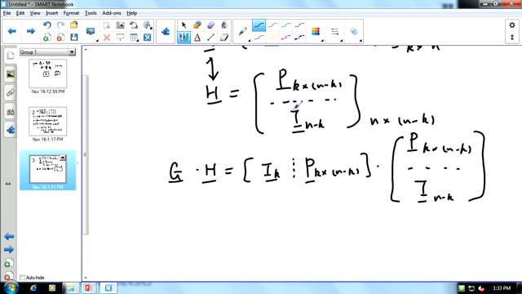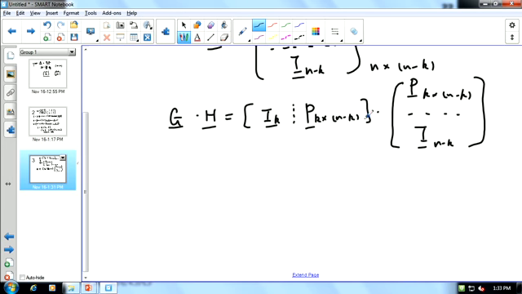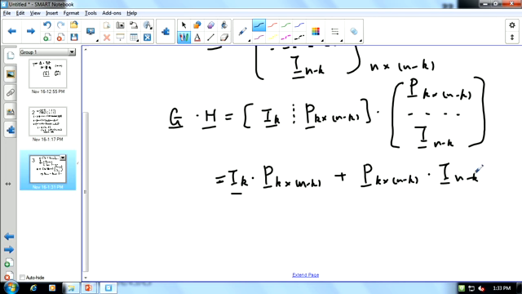And based on the rule of block matrix operations, we can just treat each block as an element. Okay, so we have a row times a column. So in this case, it's I_k times P, k by n minus k, plus P, k by n minus k times I of n minus k. Okay? So if you look at the matrix operations, their inner dimensions always match, right?